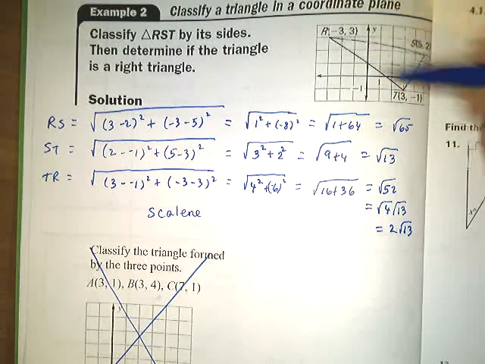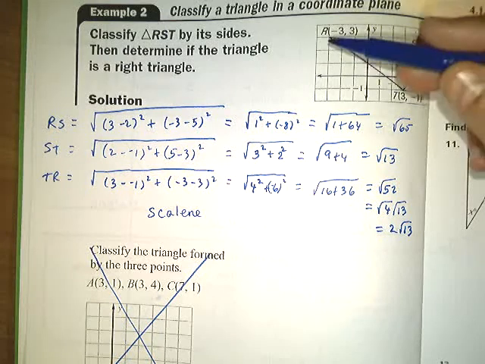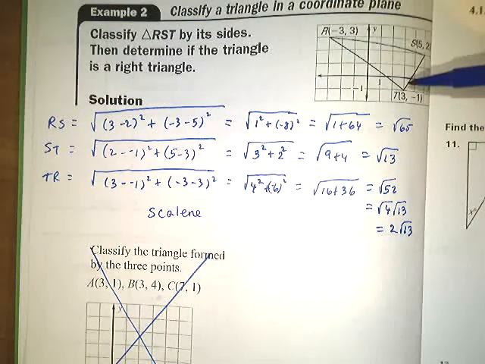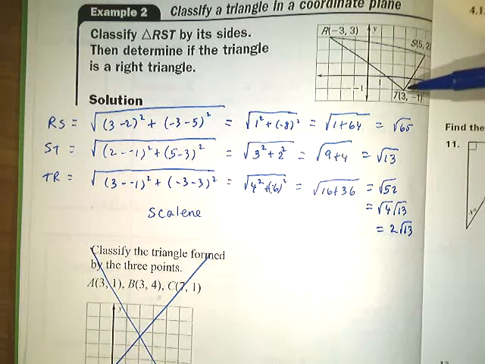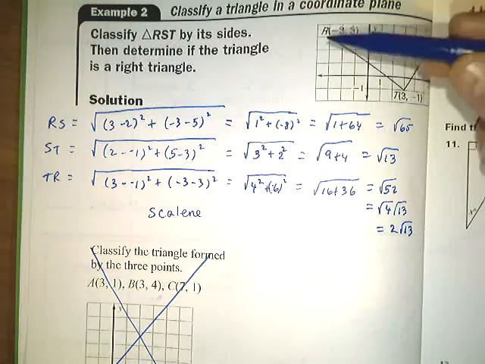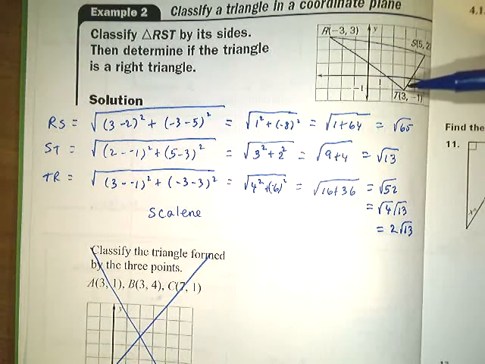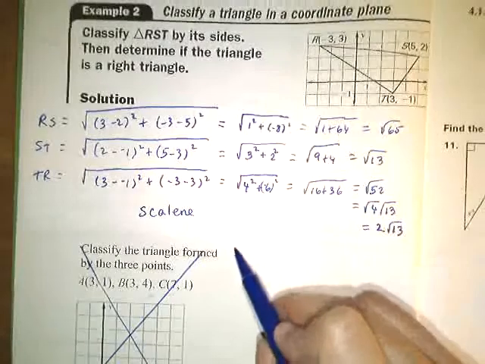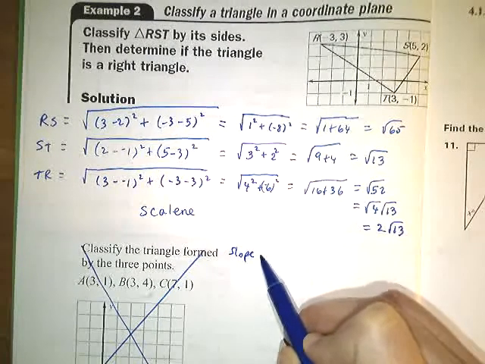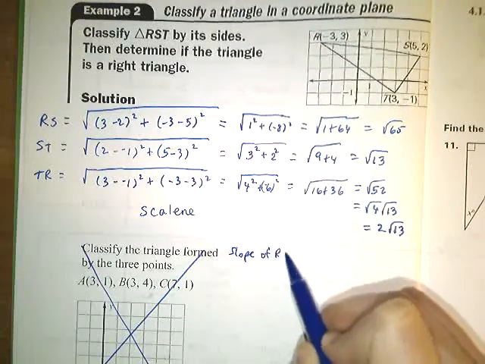And the slopes of 2 perpendicular lines, or in this case 2 line segments, if you multiply them together and the answer is -1, then it is a right triangle. If you multiply the slope of this line and this line together and you don't get -1, then that's not a right angle. So that's what I'm going to do. I'm going to find the slope of RT.